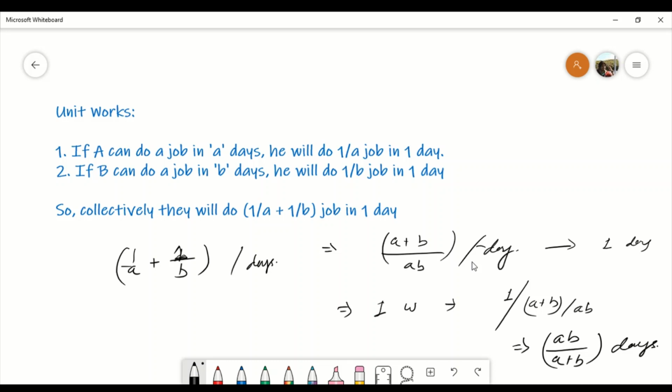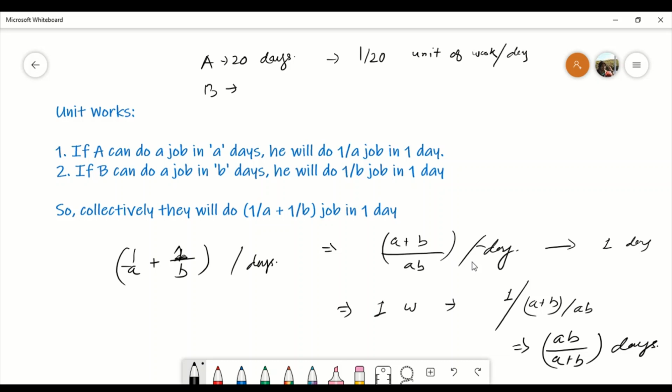There can be more than 2 people doing the job collectively, so it's better that you process it with the basic method, right? So in our question, if A can do a job in 20 days, in 1 day they will do 1 upon 20 unit of work per day.